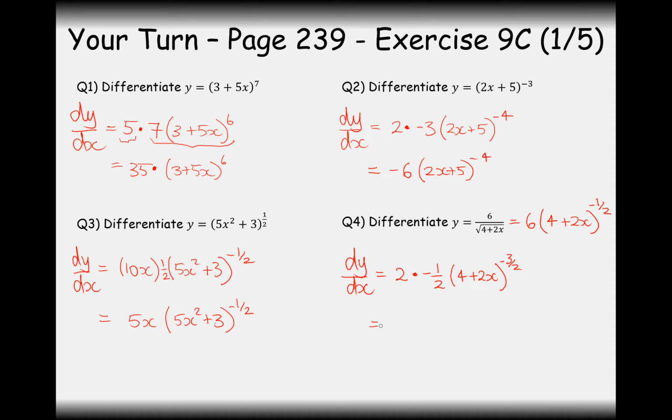So it's going to be minus 3 over 2. Oh, sorry, I forgot about the 6, haven't I? The 6 needs to go there, so it's going to be minus 6(4 plus 2x) to the minus 3 over 2. Yeah, don't forget about that 6 at the front, that's important.